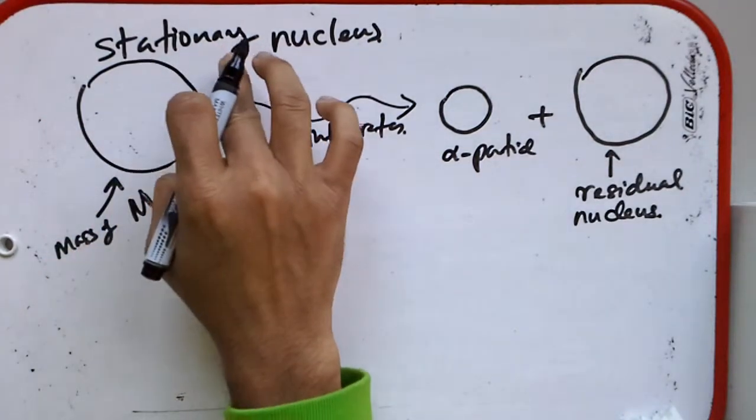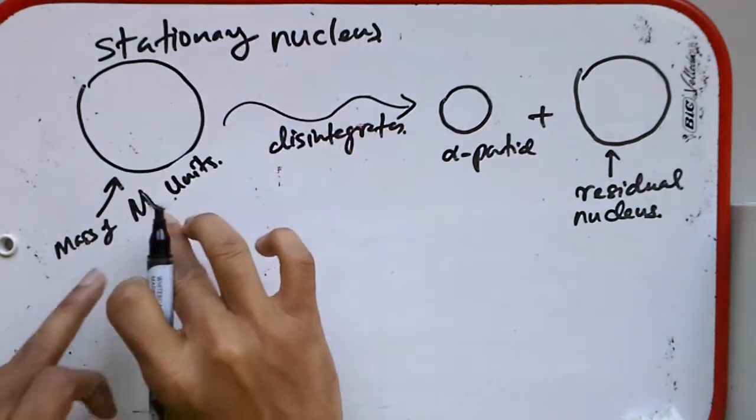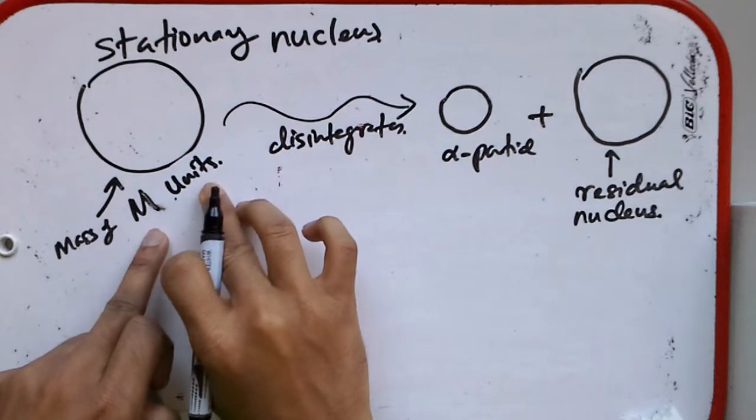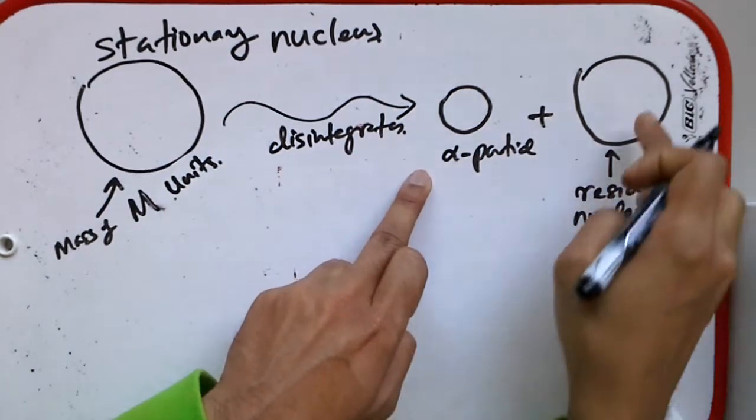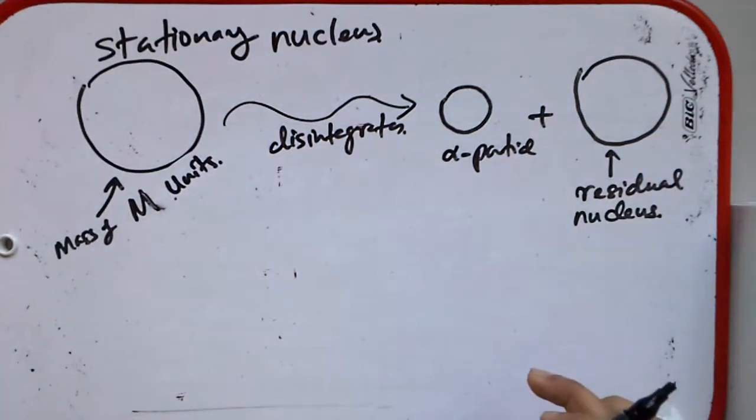You have a stationary nucleus with big M unit mass, and this disintegrates into an alpha particle plus the residual nucleus.